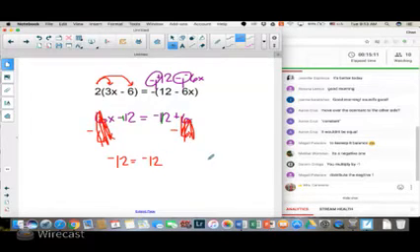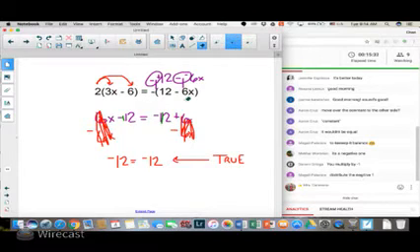So then you have to ask yourself, what's going on here? This equation says -12 equals -12, which we know is always true. So this is another way you could see that this equation has an infinite number of solutions.